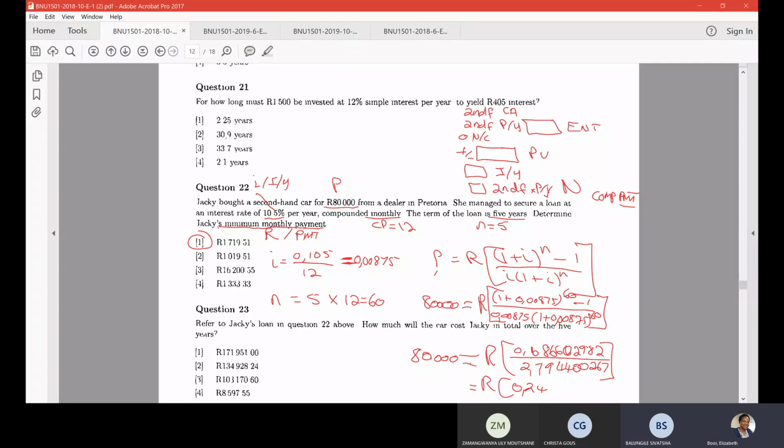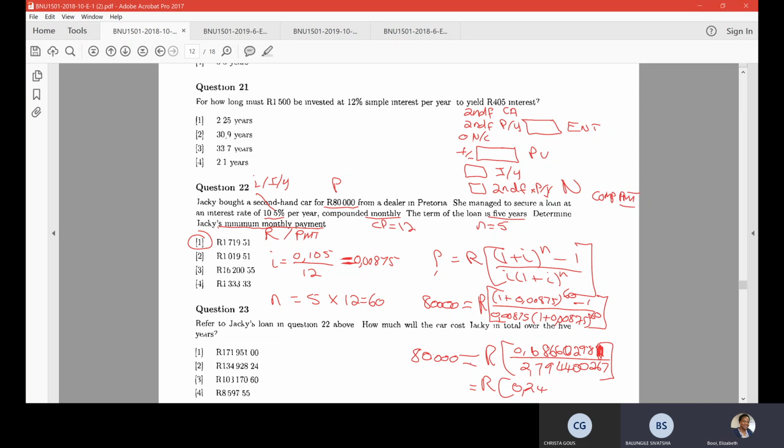Let's start again. 1 plus 0.00875 equals. Take the power of 60 equals minus 1 equals 0.686602981. That's correct.